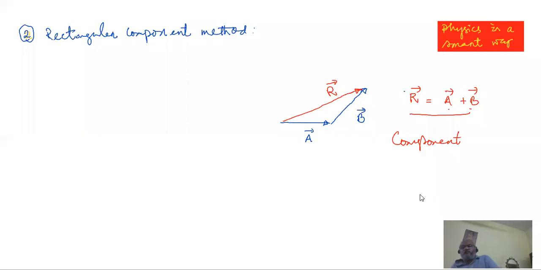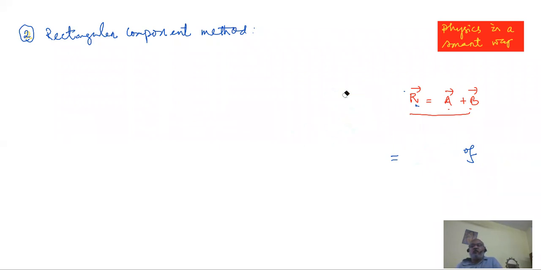So R is the resultant of A and B, and A and B are components of R. Okay, that's it.